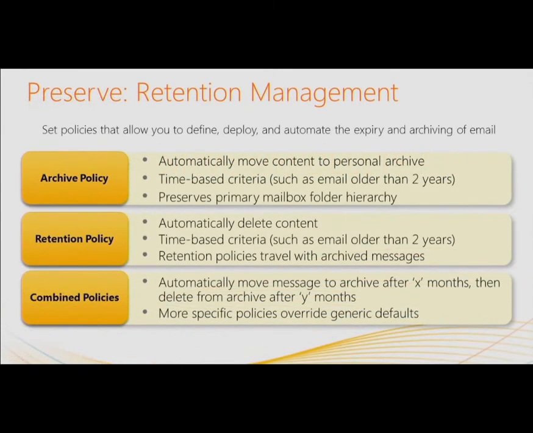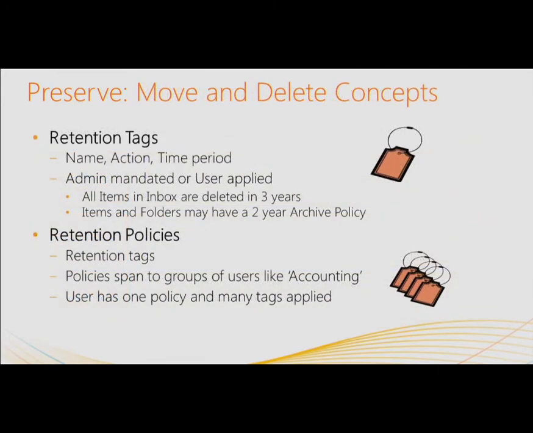All right. Last part, we've basically talked about archive policies, retention, and combined policies. But let me walk you through a bit of tagging and what these concepts are all about. From an administrative standpoint, what you do is create retention tags, as they are called, that a user can select by right-clicking on a folder or an email in Outlook.